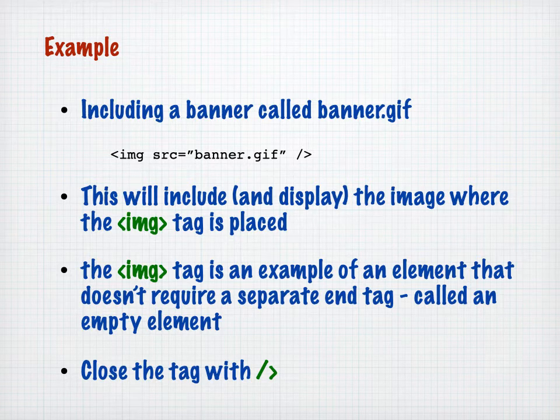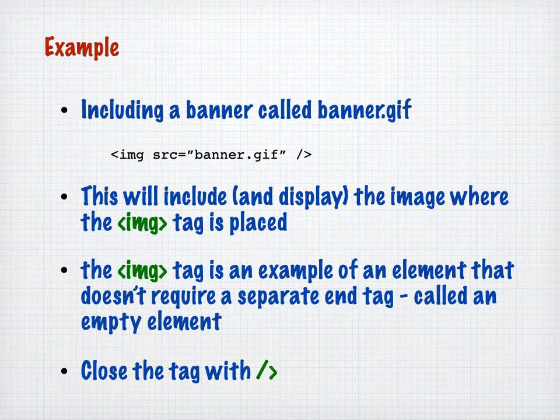In this instance, we have a value and we wrap it up in double quotes, and the value here is banner.gif. And what we do is we put whatever the file name is between the double quotes. So in the example in a moment, you'll see it's an image file called flash.png. So of course, that means you do need to know the extension because you've got to include it in the file name.